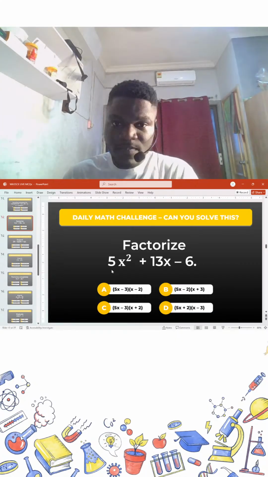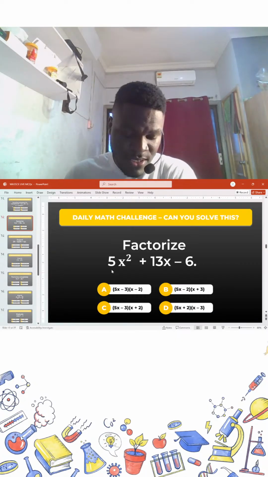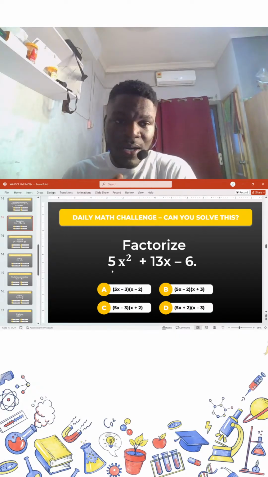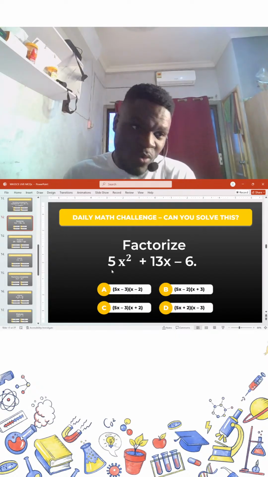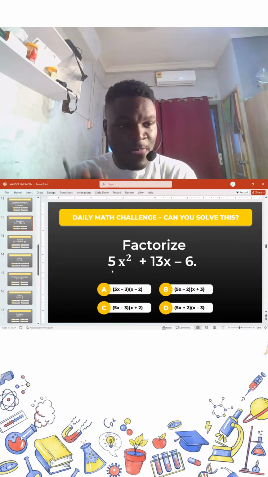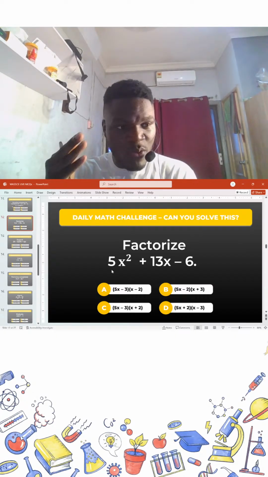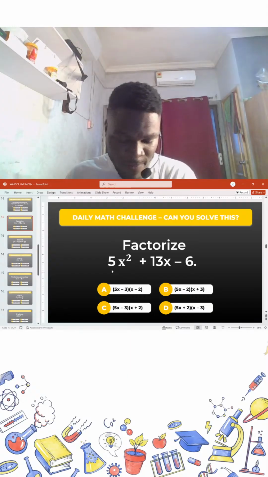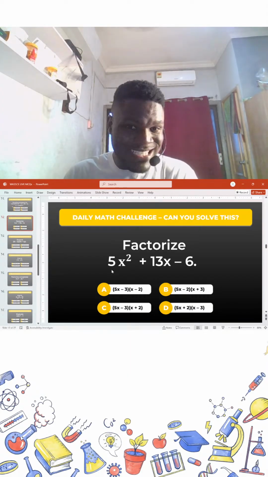Now there are so many ways to factorize an expression. We can use the method of completing squares. We can use the general formula, which is minus b plus or minus the root of b squared minus 4ac all over 2a. Or we can use the method of factorization itself.